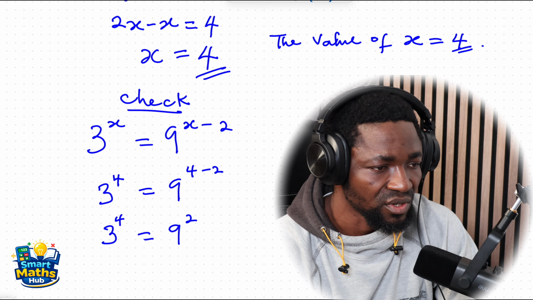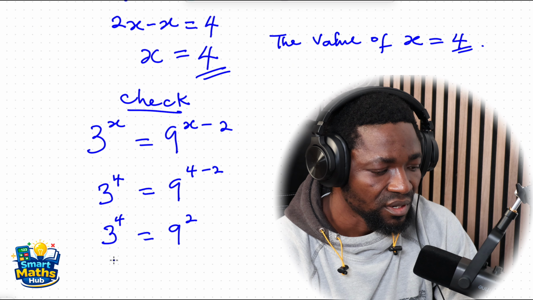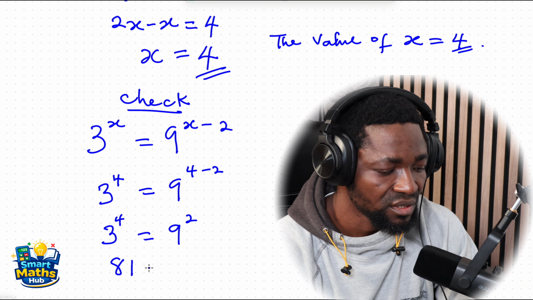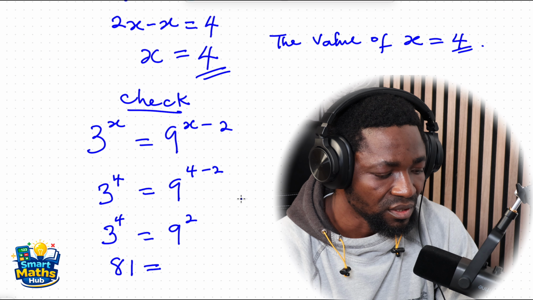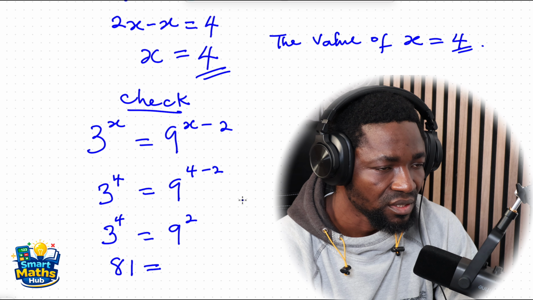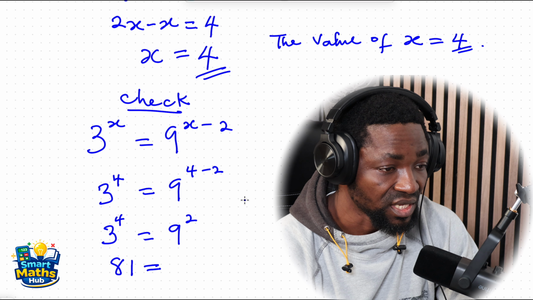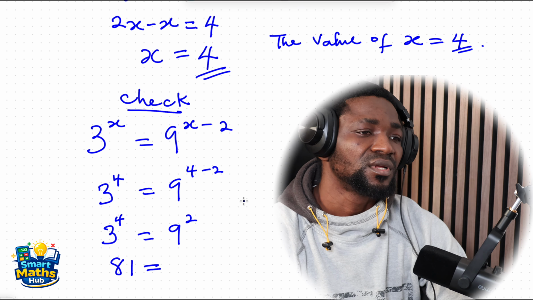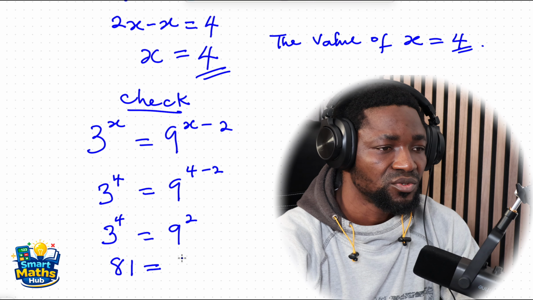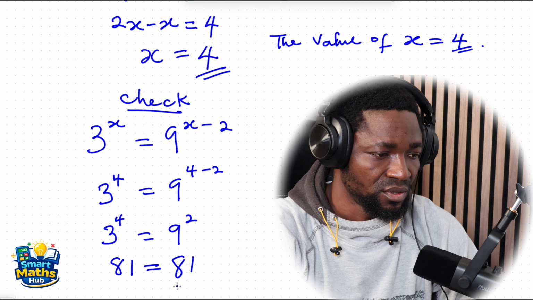Let's see if 9 times 9 gives the same. 9 times 9 is 81. Correct. So that's how you check your answer.